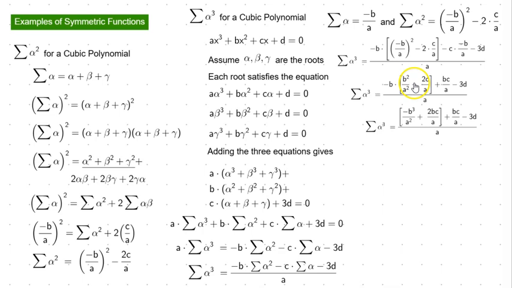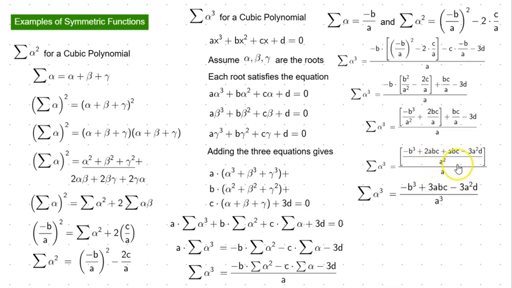Minus b also we take it inside, we get minus b cube by a square plus 2bc by a plus bc by a minus 3d, the whole thing divided by a. Now let's combine all these terms. We get minus b cube plus 2abc plus abc minus 3a square d. The whole thing divided by a square in turn divided by a.